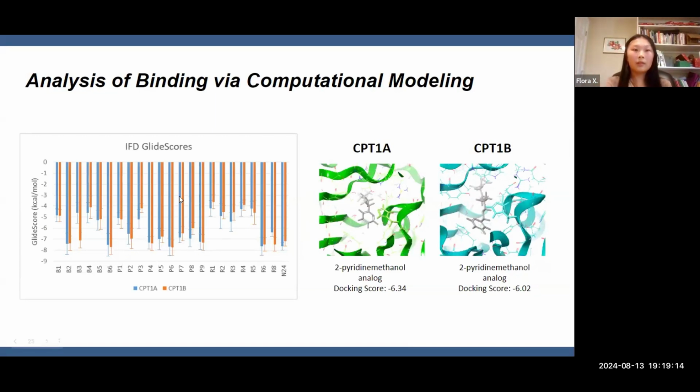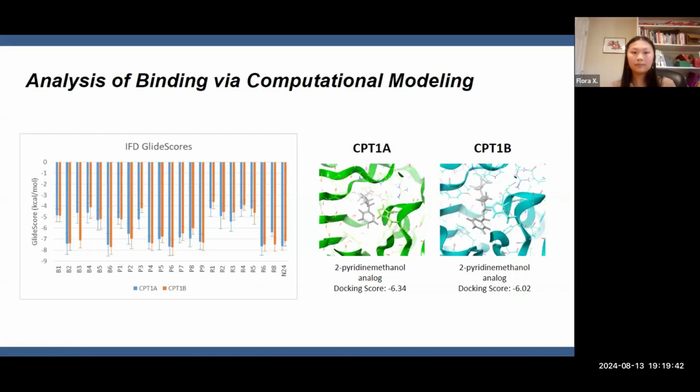As you can see on the left is some preliminary data from our Schrodinger runs, where you can see that there are some differences between the Glide scores, or docking scores, between CPT1A and CPT1B. We would want a docking score lower for CPT1A than CPT1B. So through this, we would be able to design our analog library and choose which analogs would be the best to synthesize.